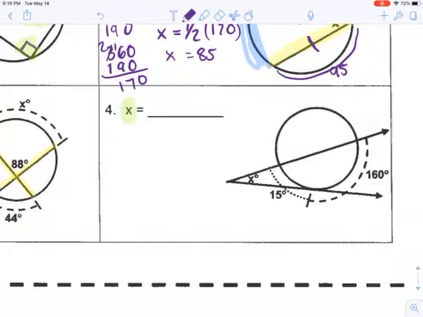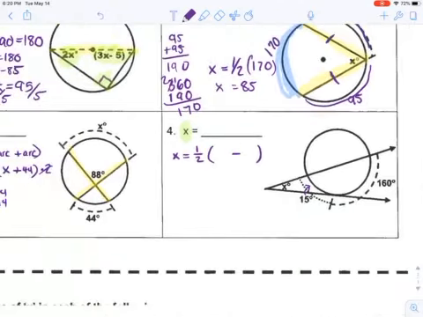This is the one where the angle is outside. So when the angle is outside, pretty sure this 15 degrees goes there. It does. When the angle is outside, x is no longer 1/2 the sum, but rather it's 1/2 the difference.